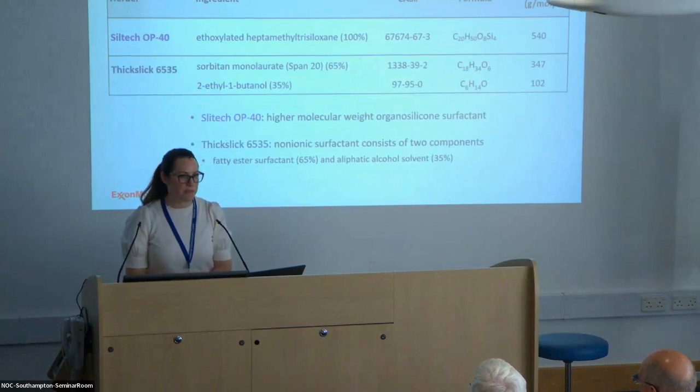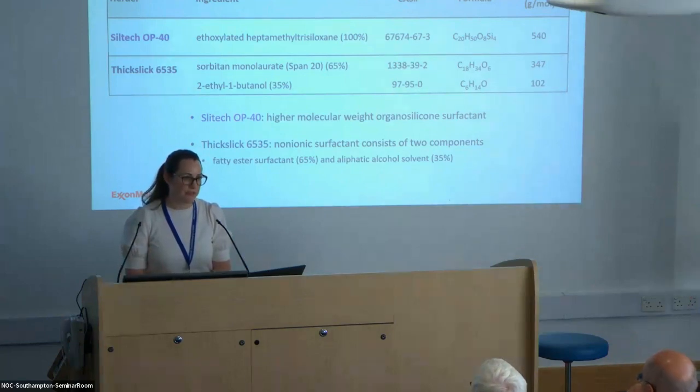So just to tell you a little bit about these two formulations, Siltec OP40 is a higher molecular weight organosilicone surfactant made up of an ethoxylated heptamethyl trisiloxane. It's 100% that single component.